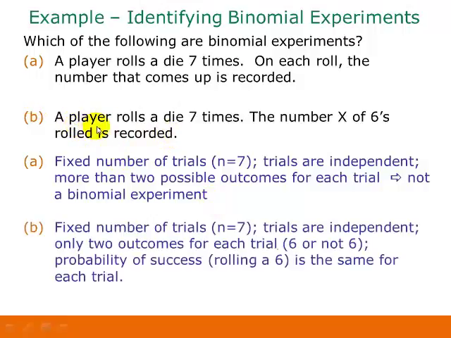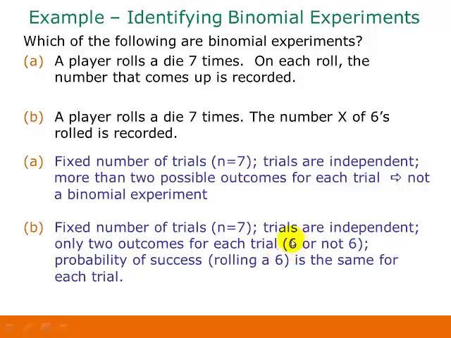Now this next experiment, if a player rolls a die 7 times and the number of 6s that comes up is recorded, this is the same setup to start with. We have 7 trials, the trials are independent, and now we have only 2 outcomes for each trial because all we're paying attention to is whether the die comes up as 6 or something else.